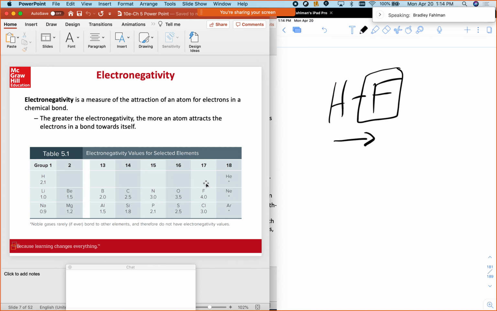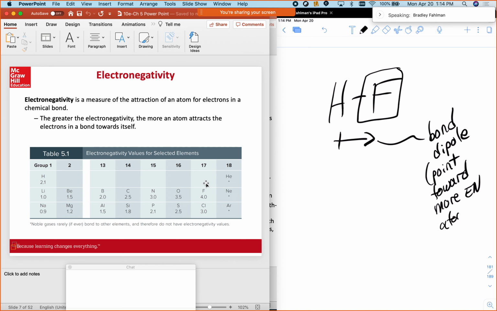So we can draw these little dipoles. Okay, so this is referred to as a bond dipole. Okay, and they point toward the more electronegative atom in a bond. Okay, so that's all it is.